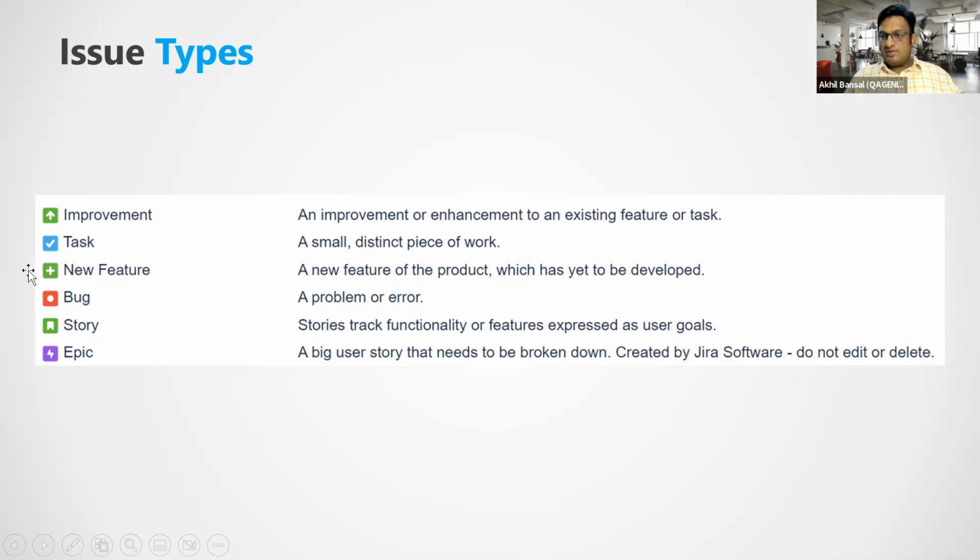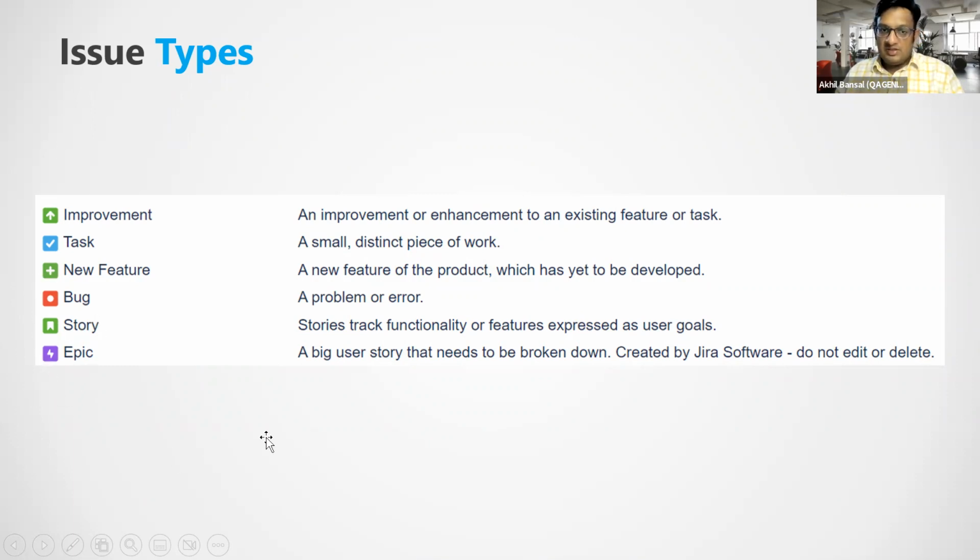The new feature would be the requirement, and how we are going to execute this requirement would be majorly guided by the story. So you can break down one new feature into multiple stories. Or if you are specifically working on the agile model, you may not even be using the new feature type. You would be only using the story as an issue type.